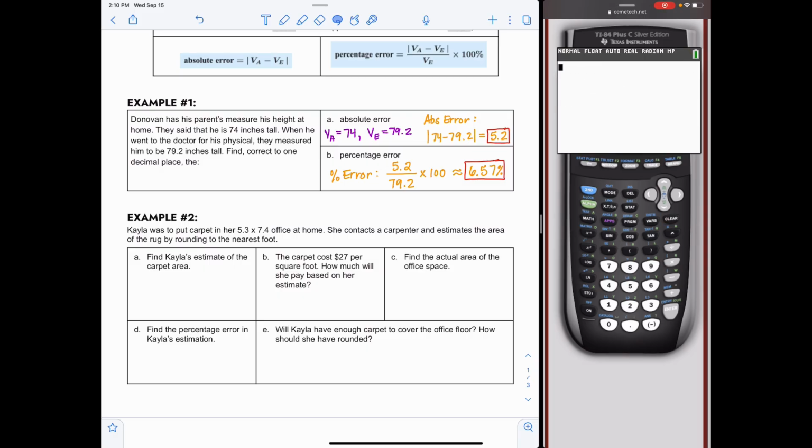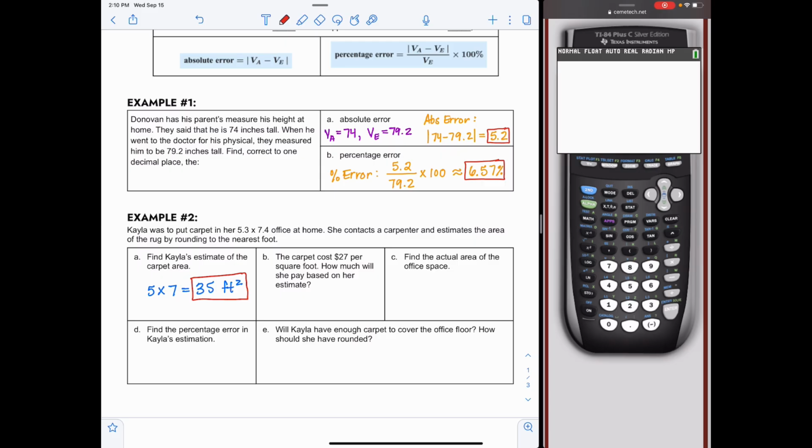Her estimate, if she rounded to the nearest foot, can be found by taking 5 times 7. We know that 5 times 7 is 35, and we are talking about feet squared because we have the area. So her estimated value, or approximated value, is 35 square feet.